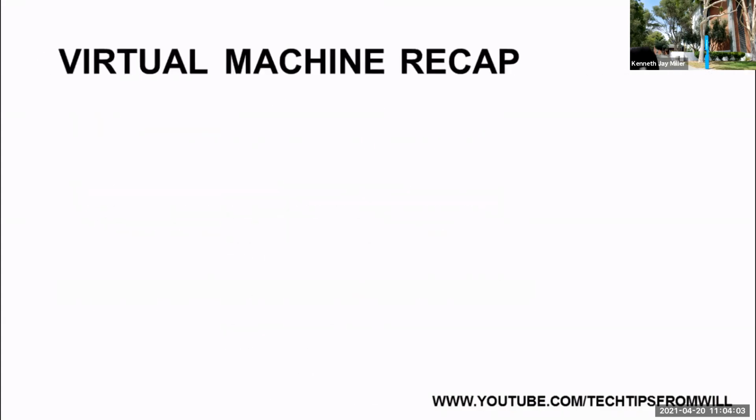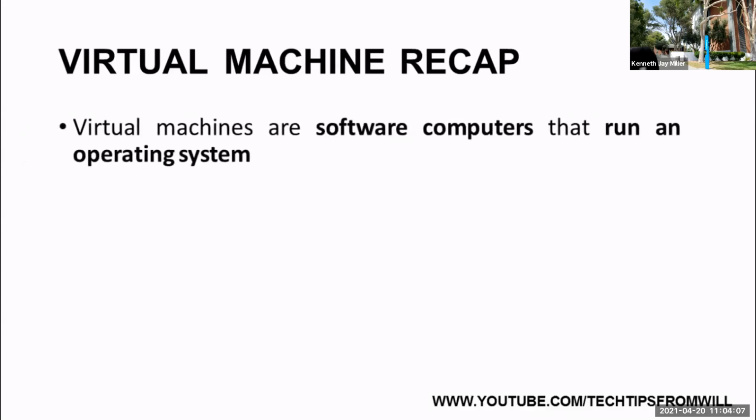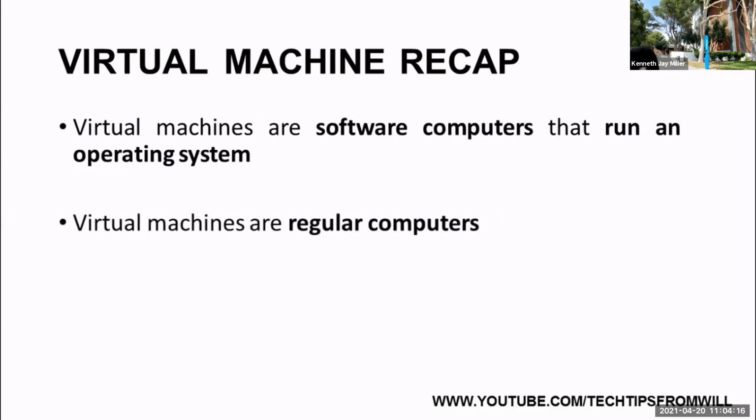server. As I described in the introductory lesson to this course, virtual machines are essentially software computers that run an operating system. You can think of virtual machines quite literally as regular computers, except they run entirely in software.